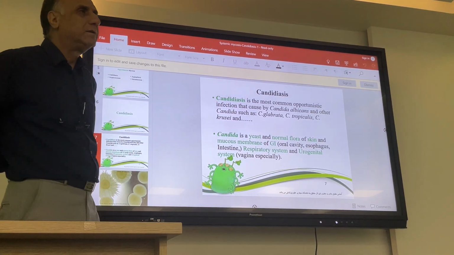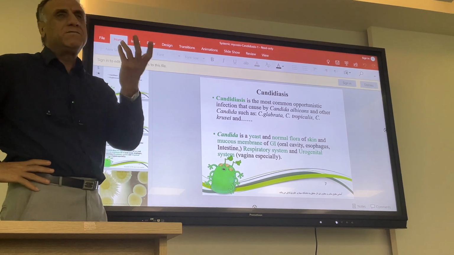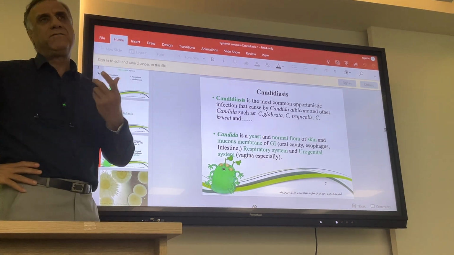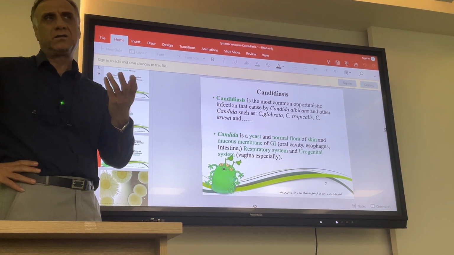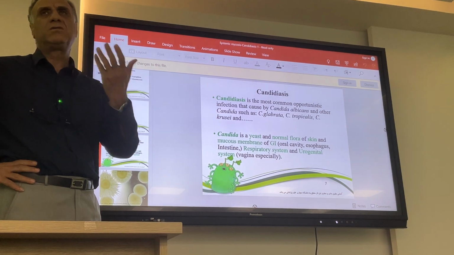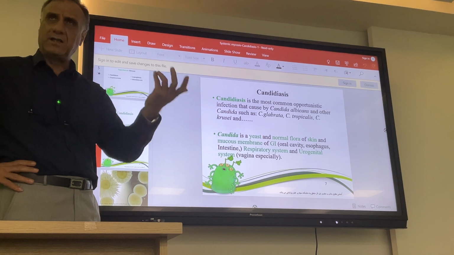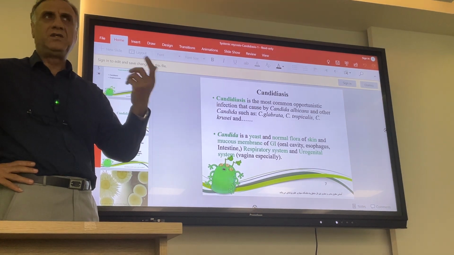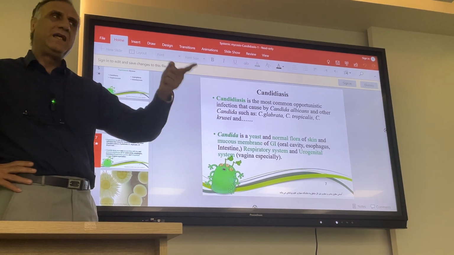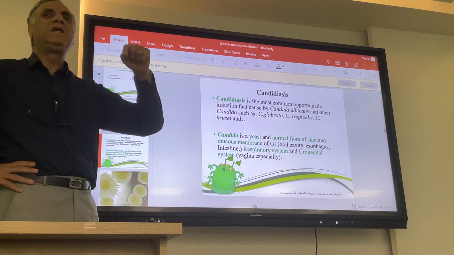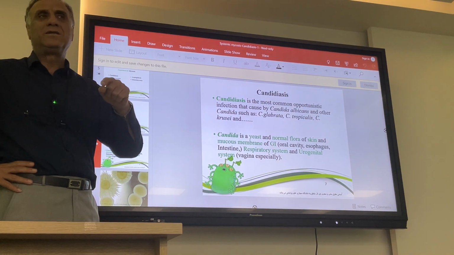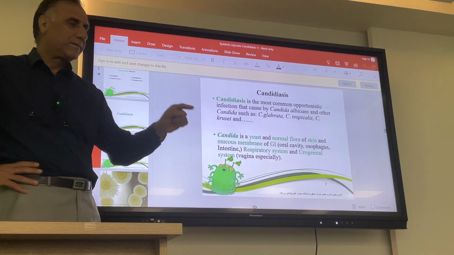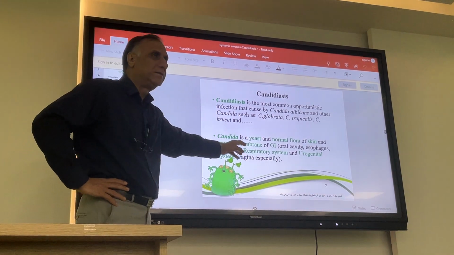We have some internal organs, like the respiratory system, urogenital system, and GI tract. The epithelial layer of these tubular organs is mucous membrane.